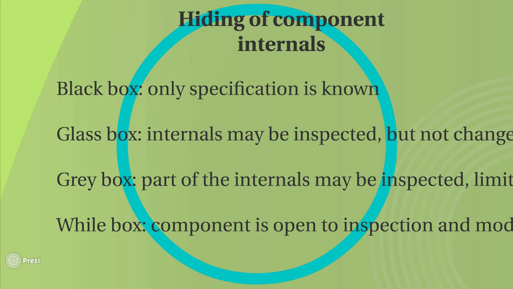Black box is a component where only the specification is known. Glass box is where internals may be inspected, but you cannot change anything. In the gray box, part of the internals may be inspected and limited modifications are allowed. While in the white box, the component is open to inspection as well as modification.